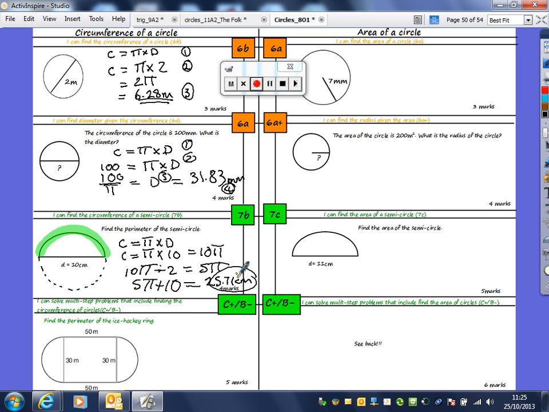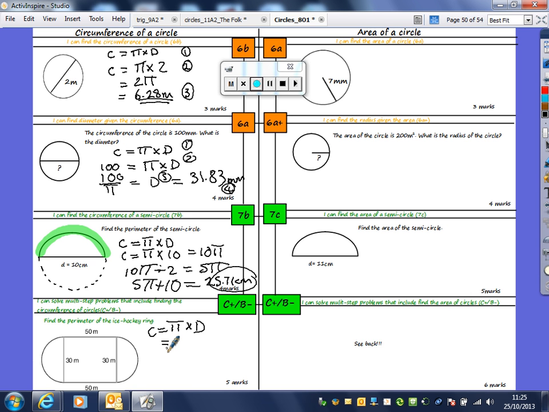Or, if there's two semicircles, we put them together and make a full circle. So let's just find the outside of a full circle if those are added together. So circumference is equal to pi times diameter. If those two circles are pushed together, what's the diameter of that? 30 meters.